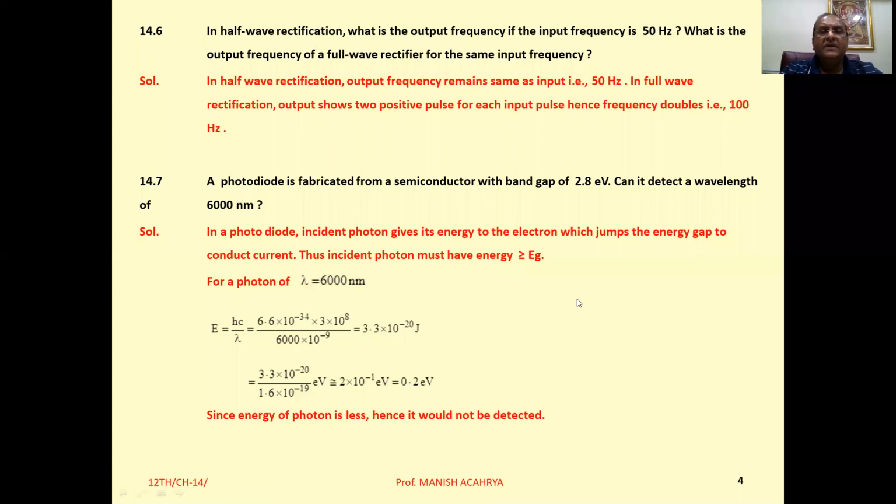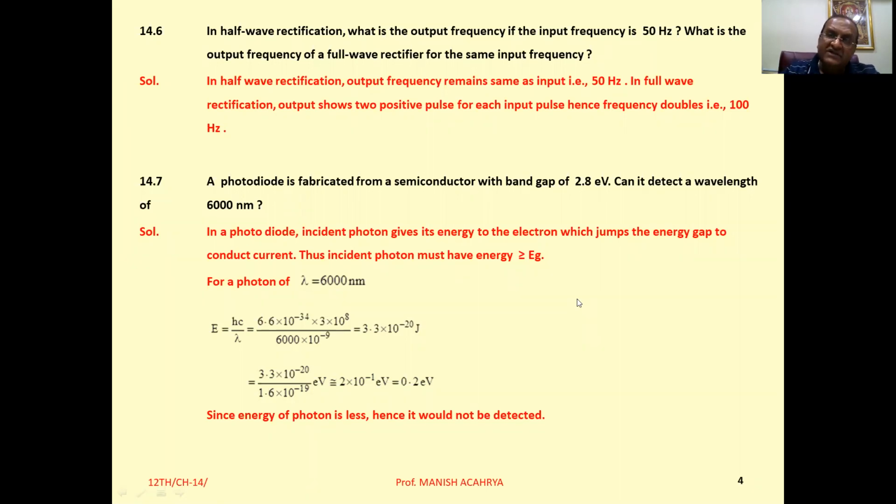Now see, we know this thing. In photodiode, to detect the radiation, the incident energy of the radiation should be greater than or equal to band gap energy. Now here the band gap energy given to you is 2.8 electron volt. Now the incident radiation is with wavelength 6000 nanometer.